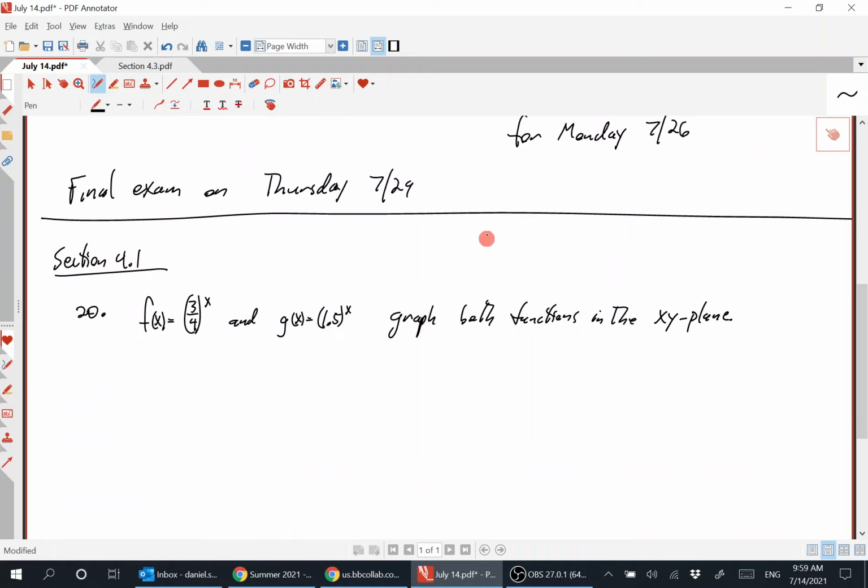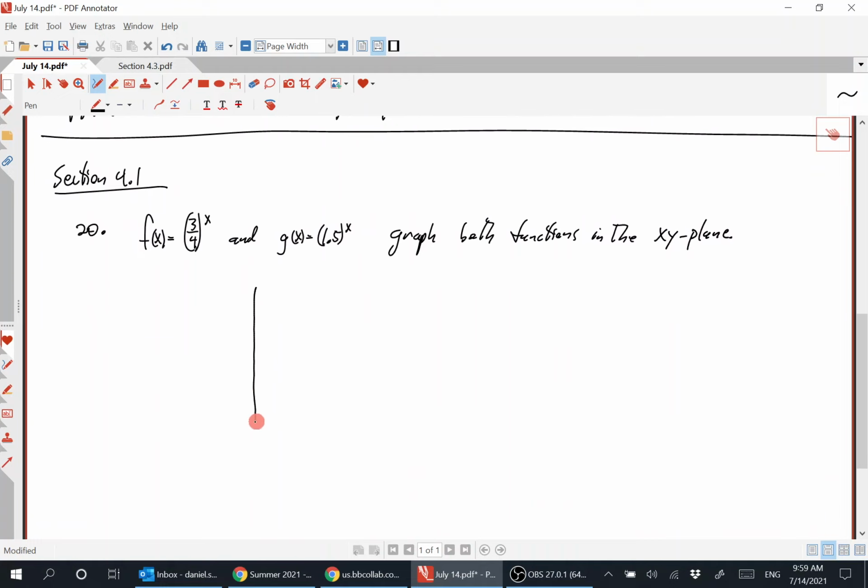So 3/4 to the x, right? The base of the exponential function is always supposed to be positive, which 3/4 is. And 3/4 is less than 1. So an exponential function always has this general shape where the x-axis acts as a horizontal asymptote in the positive direction.